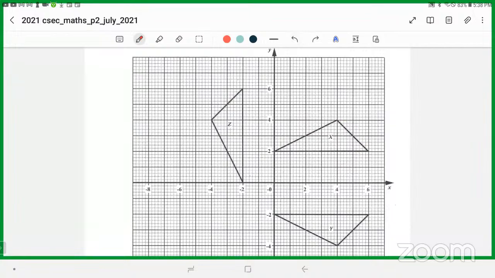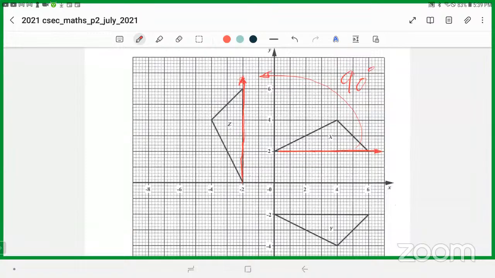It's actually 90 degrees. But this side, which was horizontal, is now vertical. So the rotation is this way. And it's 90 degrees. Go from horizontal to vertical. It's a 90-degree rotation. And that is anti-clockwise.